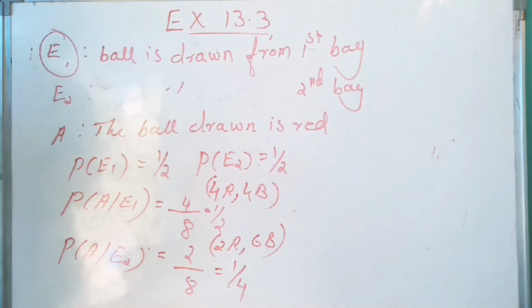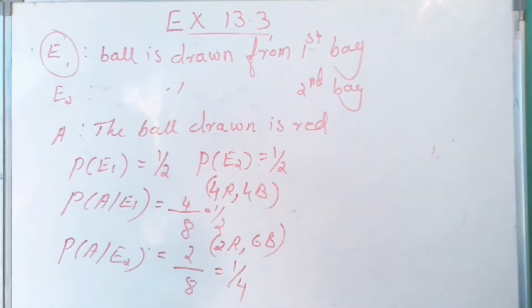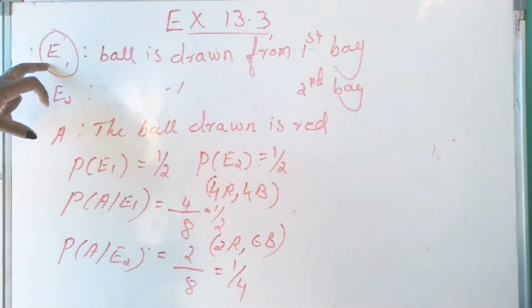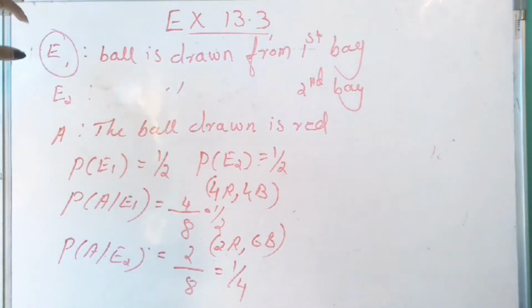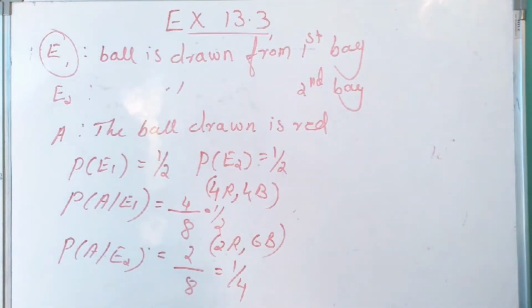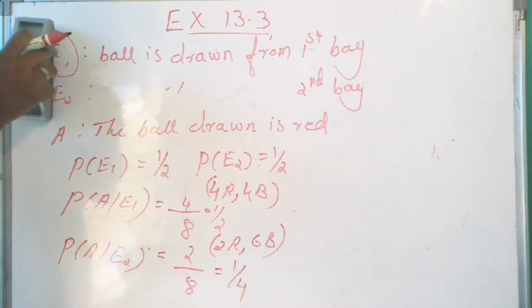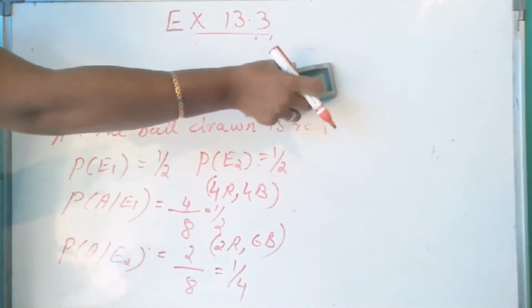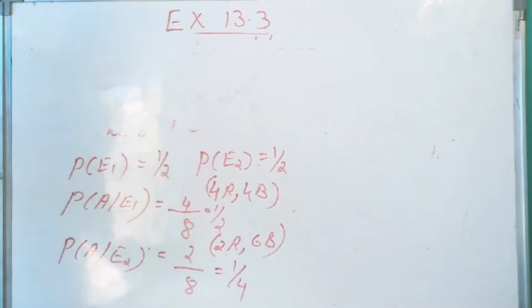We need to find out the probability of one partition member. So here we need to use Bayes' theorem. Instead of the total probability theorem, here we need to use Bayes' theorem because we are going to find out the probability of one of our partition members. Clear? So by using Bayes' theorem, what we will get?